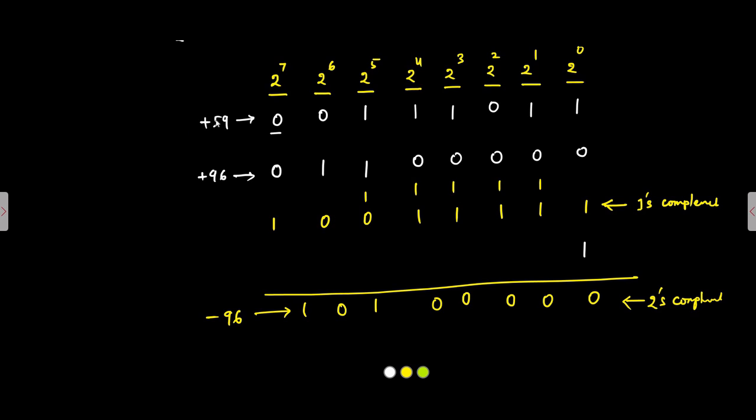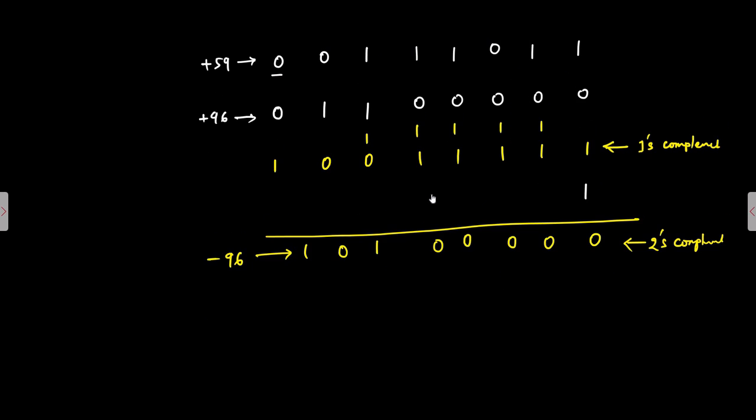We have to do 59 minus 96, or 59 plus minus 96. So for the final arithmetic operation, we have 59, which is 0 0 1 1 1 0 1 1, that is 32, 16, 8, 2, 1.